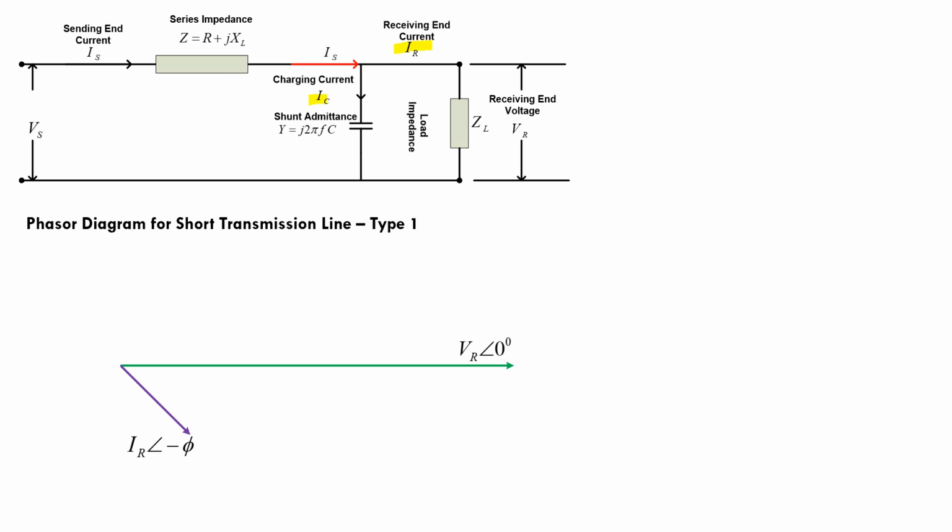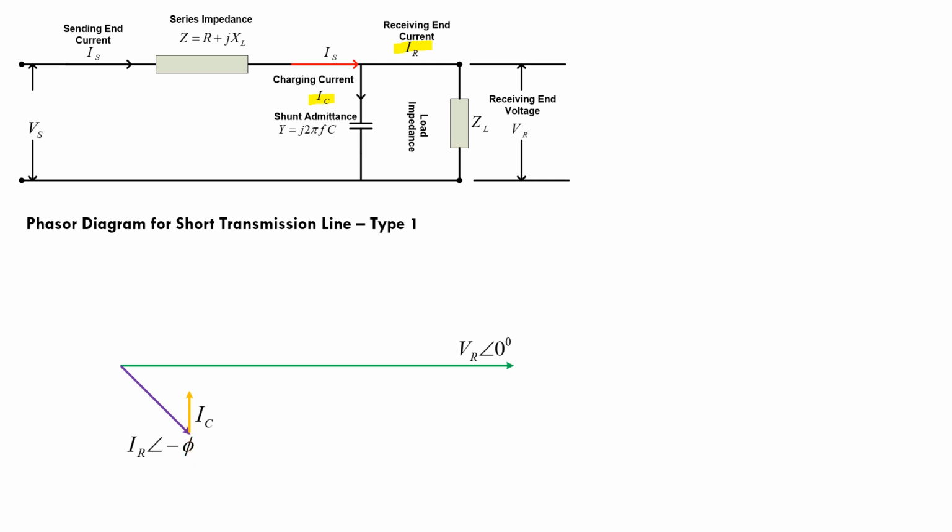Another current we have, this is IC. IC is a charging current, and this current is drawn by the capacitance. And you know that the capacitance current always leads the voltage. In this case, the current IC will be drawn at 90 degree leading with respect to VR.